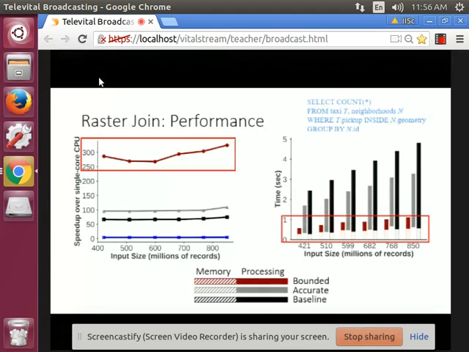So here again, with the pixel size, if you have a smaller pixel size, the number of point and polygon tests would reduce.